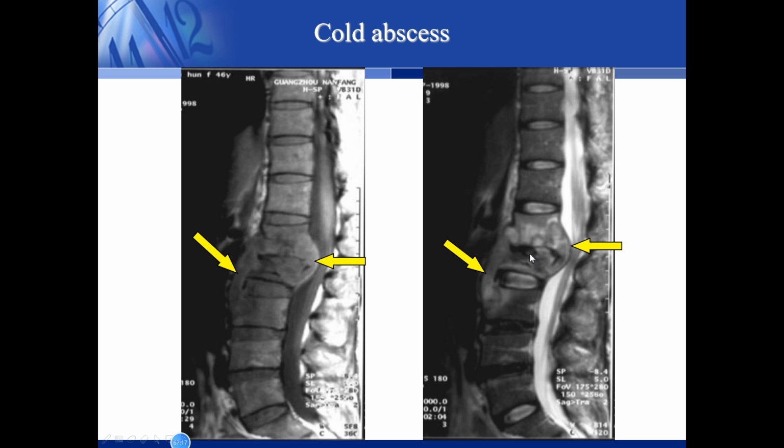And the disk space is narrow. Here is the normal disk space, and here is the lesion, just between the two vertebrae affected. So the disk space is narrow, and here is the cold abscess. In the MRI, this lesion is seen more clearly than on CT and X-ray.